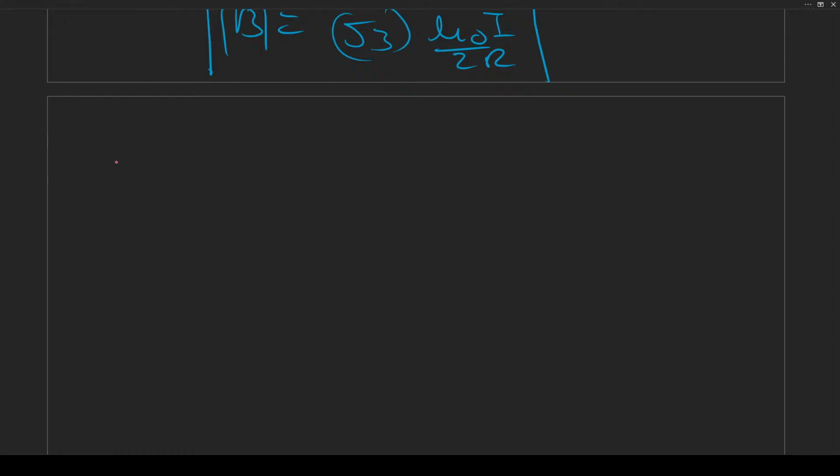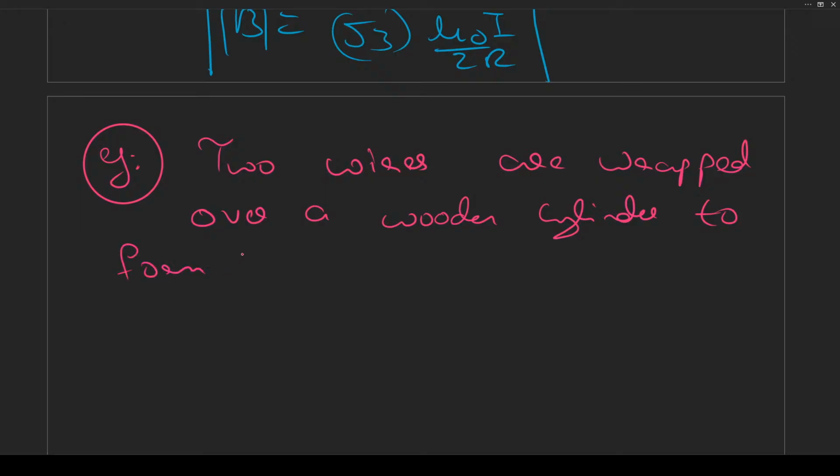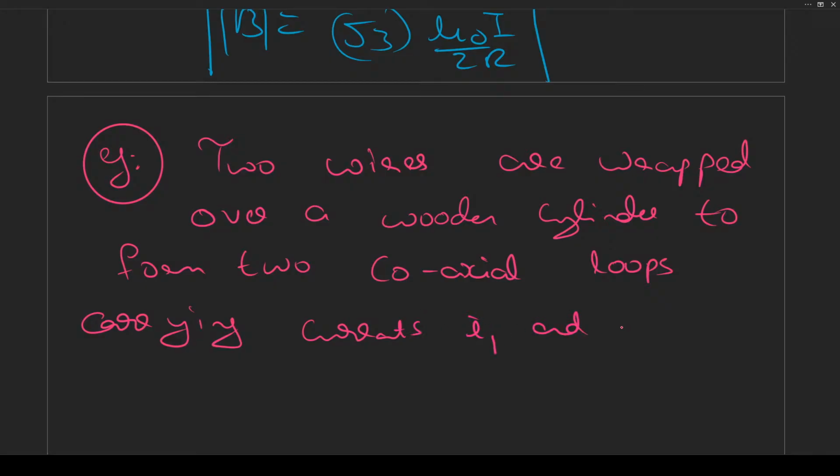Now let's go to the next question. Two wires are wrapped over a wooden cylinder to form two coaxial loops carrying currents I1 and I2.